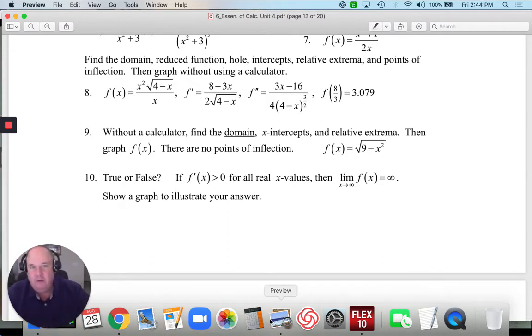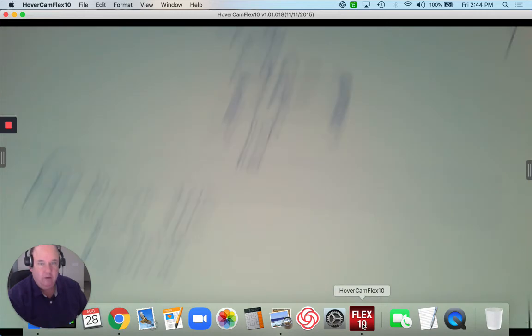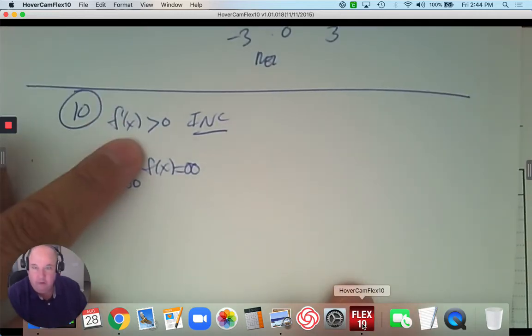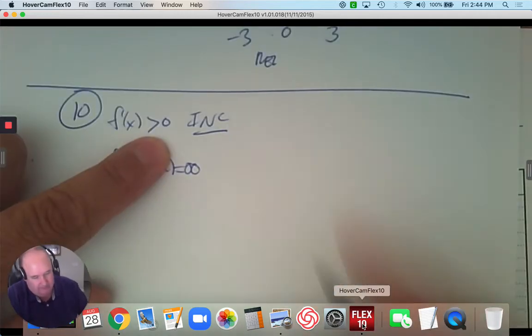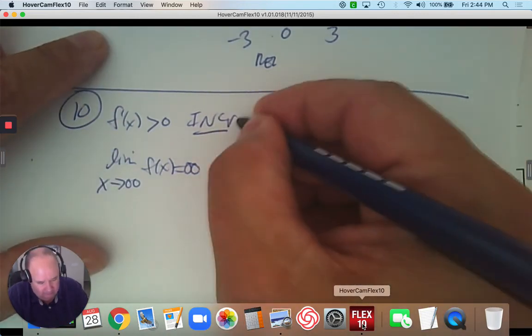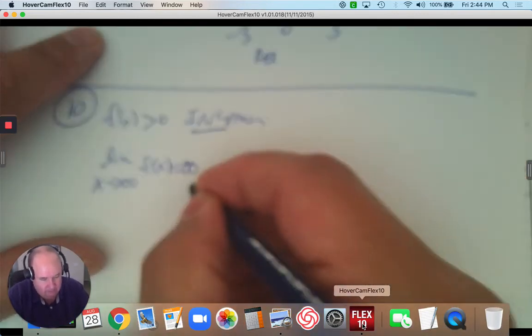So the question is, true or false, if the derivative is greater than 0, which means increasing, then the limit as x approaches infinity of f(x) equals infinity. So what it's asking is, if the derivative is greater than 0, meaning you have a situation that is only increasing, that means it must go to infinity, right?